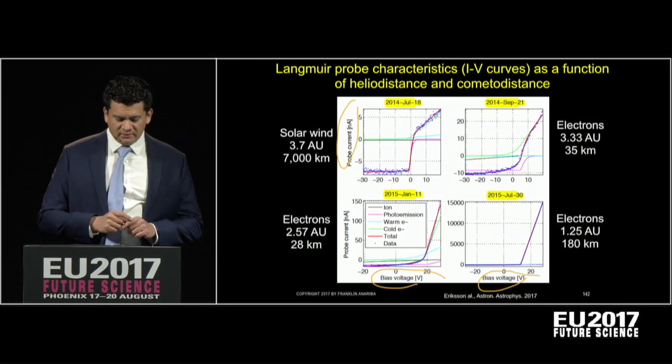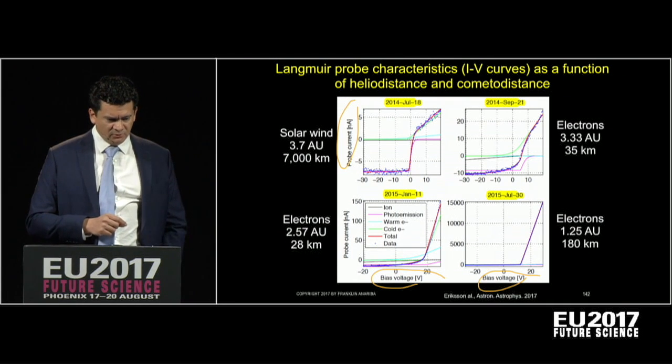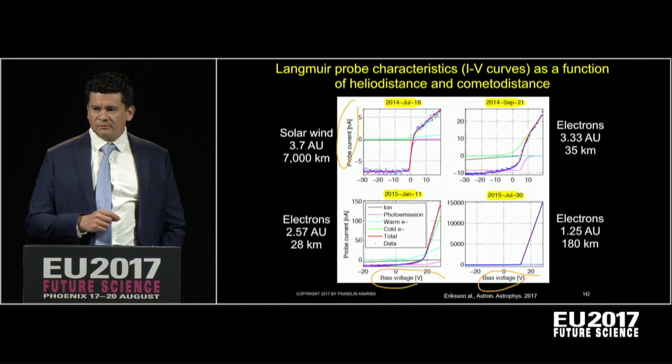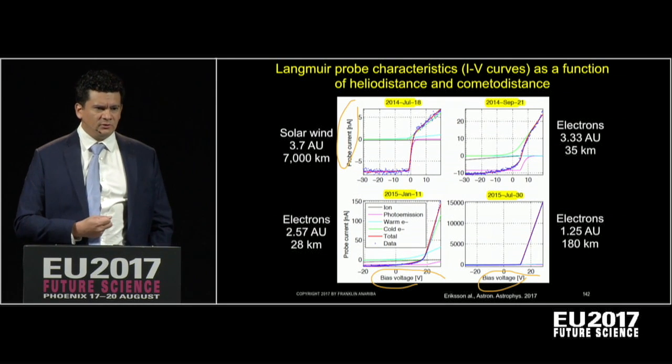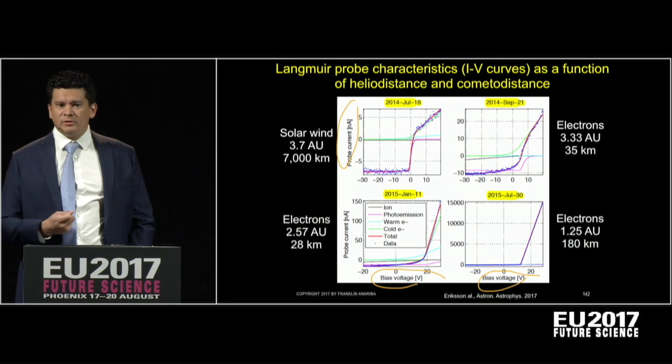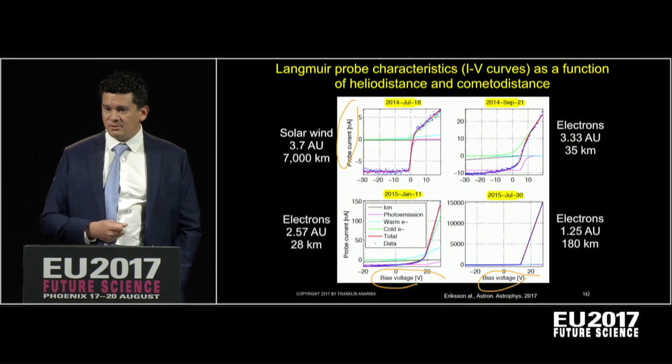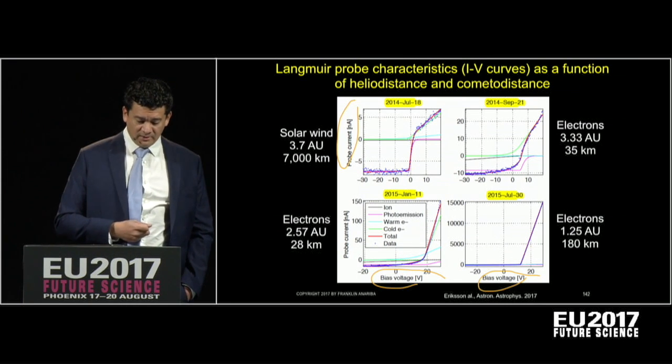In this particular example, the Rosetta probe had 2 probes extending out a particular distance from each other, and a voltage was applied between these 2 probes in reference to the Rosetta instrument, and then the current was measured between the 2 probes. It's called a Langmuir probe.